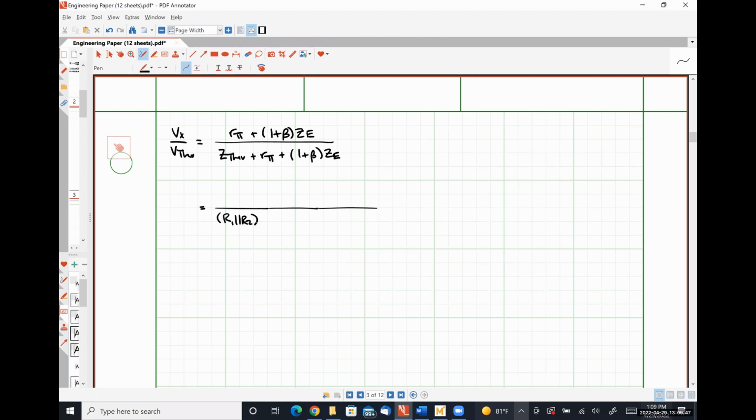R1 in parallel with R2 times 1 plus s Rsig Cn over 1 plus s (Rsig plus R1 in parallel with R2) Cn, plus r pi, plus 1 plus beta Re over 1 plus s Re Ce.